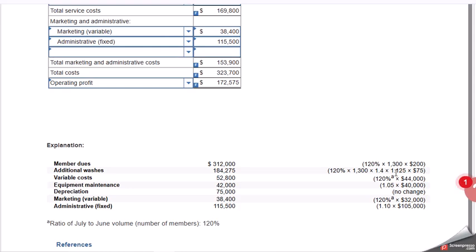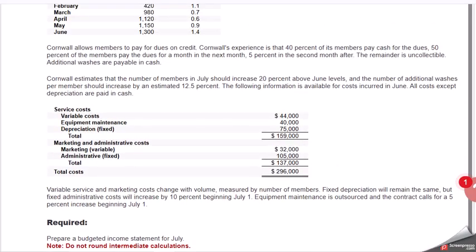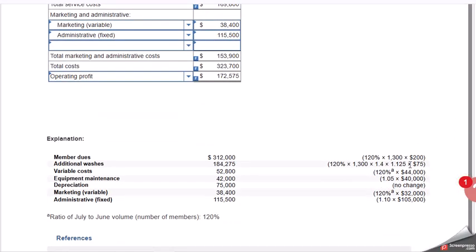No, 112%, let's go back up there. The 12.5% is how much the additional washes are going to increase. So our number of customers times the 1.4 times 112.5% gives us the additional washes. So we would calculate those out and put that total in there.